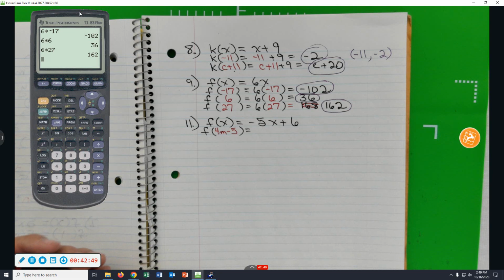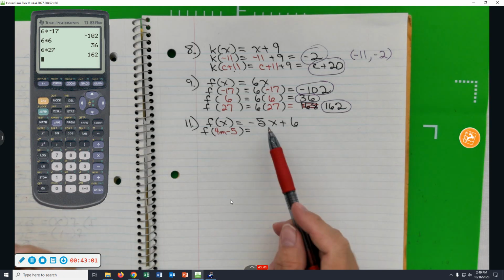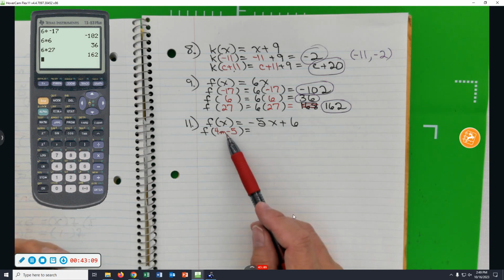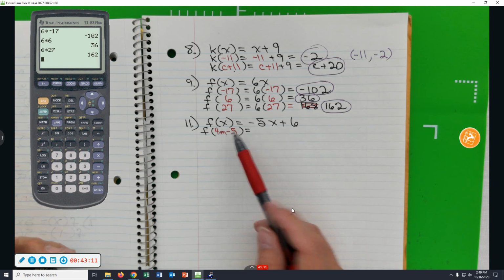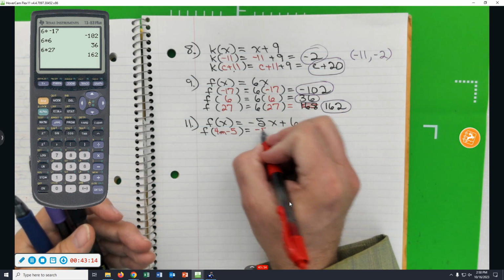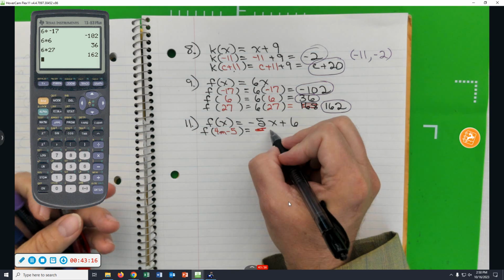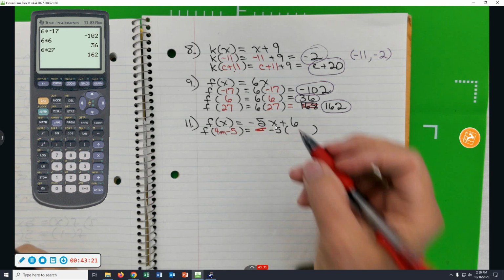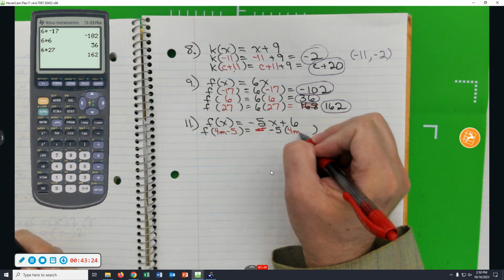Okay. This says, go to your function f, and wherever you see a variable, you're going to replace it with 4m minus 5. We have that negative 5 there in front of it. So we're going to have to multiply that negative 5 by that whole 4m minus 5.